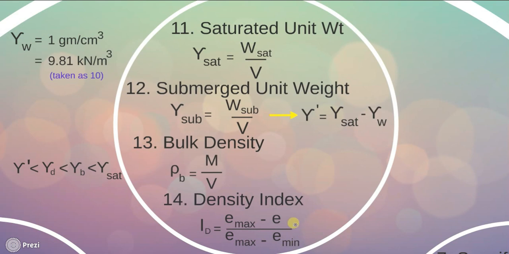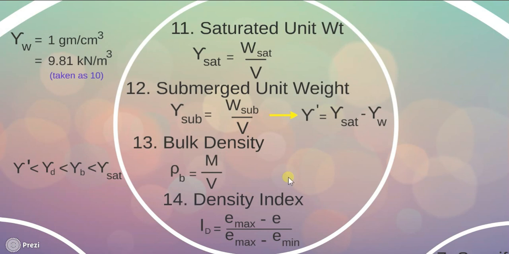We know E is void ratio. E maximum is void ratio in the loosest state of the soil. When soil is in loosest state, the void ratio will be maximum. That is why it is E max. What is E minimum? When the soil mass is in densest state, the void ratio will be minimum. Voids will be minimum in that. That is why it is E minimum.